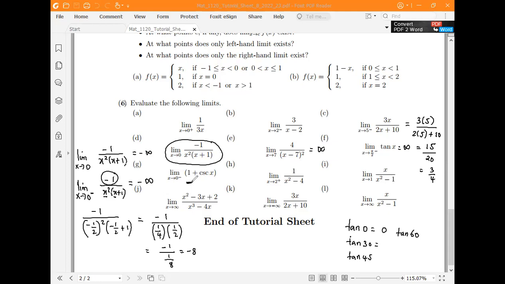Cosec is 1 over sine. If you want to get anything right, you write it as 1 over sine, and then work out your mathematics, and then substitute the angles as you get closer to 0. Because remember, sine 0 has an asymptote there. It's not defined.